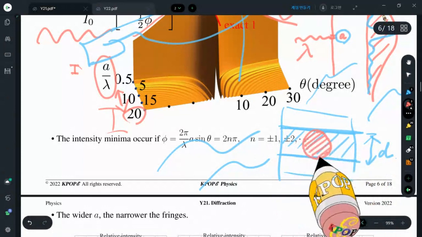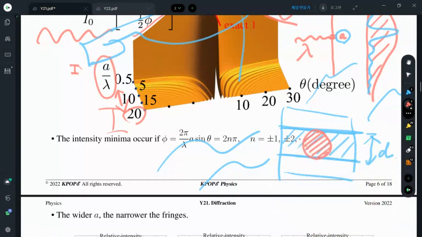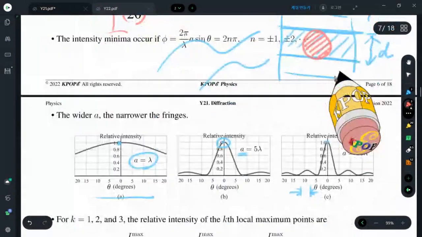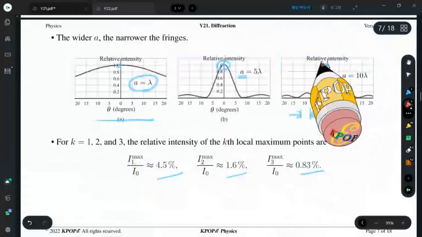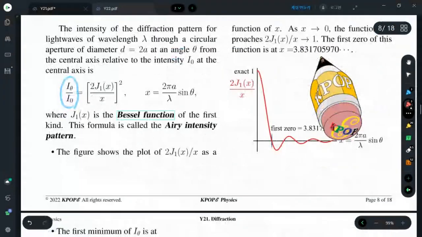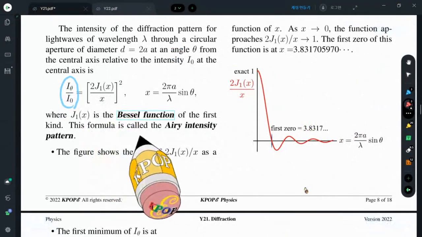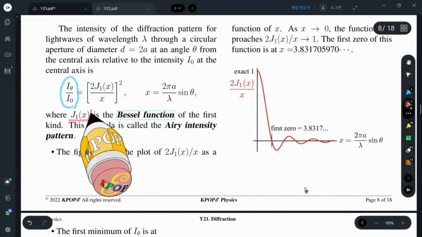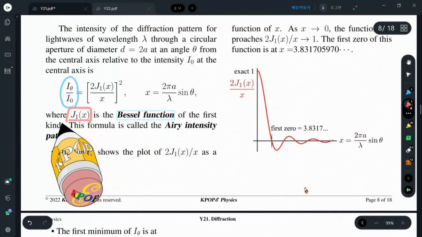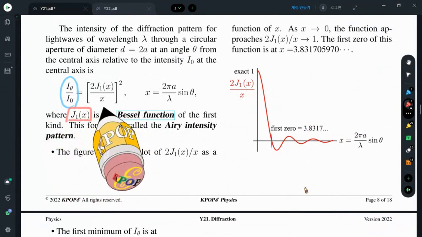So if the aperture is a circle, then the calculation is much more involved. And let me show you the final result only. There is a Bessel function. This J is called the Bessel function, and your final result depends on the Bessel function divided by x.